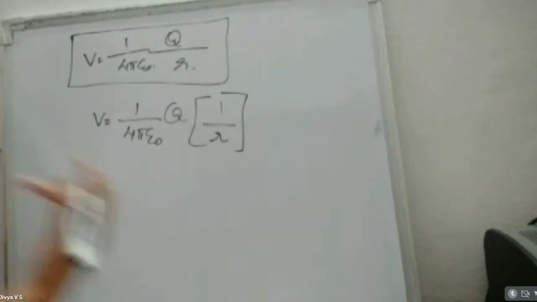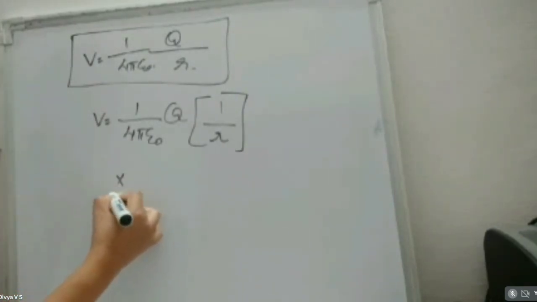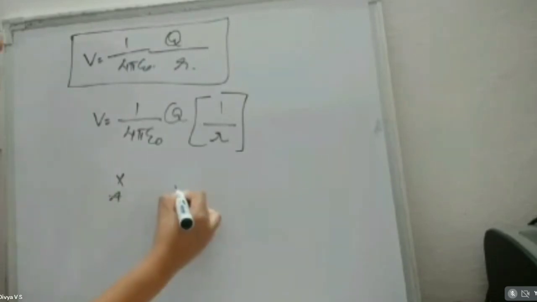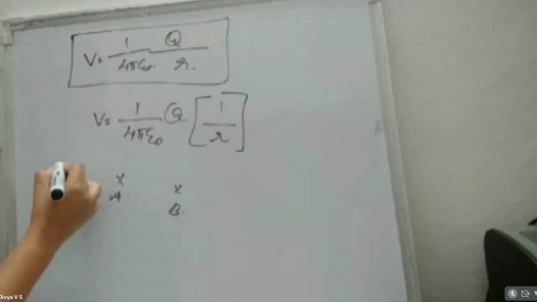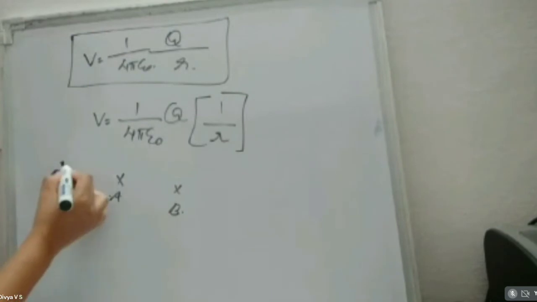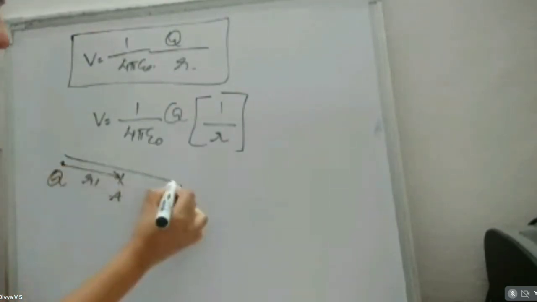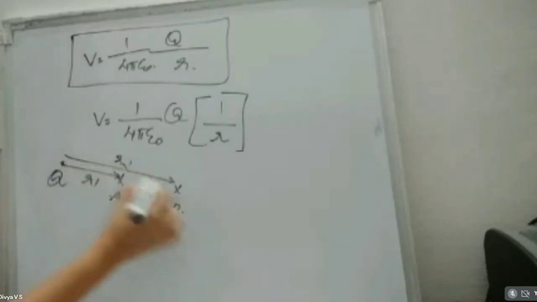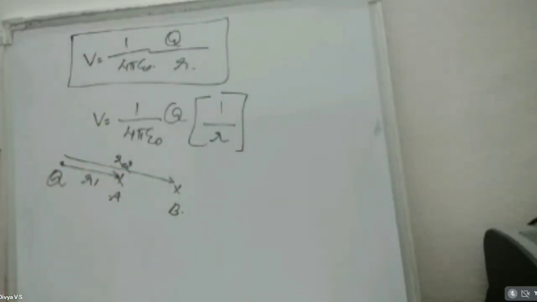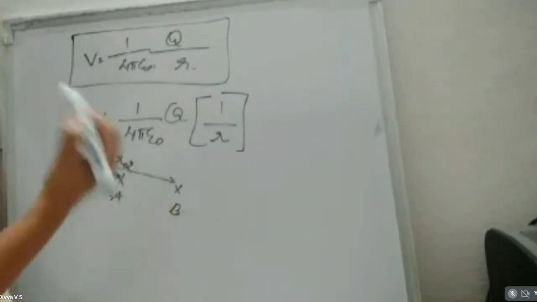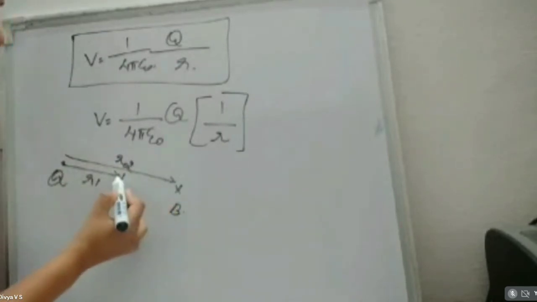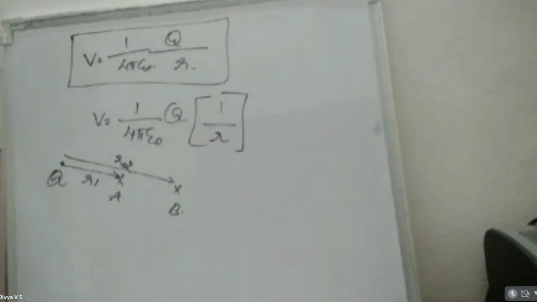Now, if we need the potential difference, if this is A and this is B, and this is the charge Q, and A is at a distance of R1 and B is at a distance of R2 from the charge. Now, to bring the charge from B to A, we have to do some work done, that is known as the potential difference between these 2 points, isn't it?